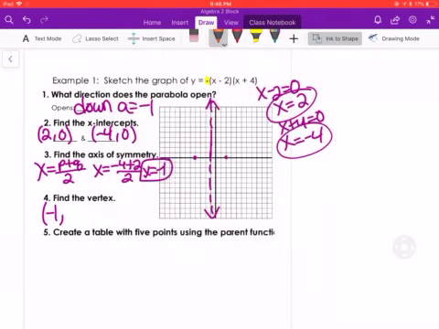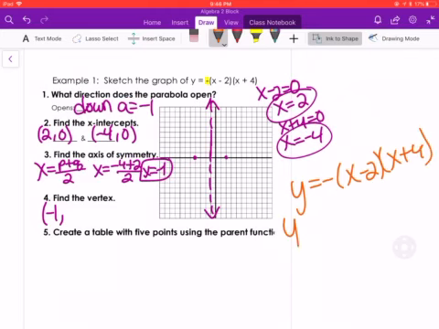My equation is y equals -(x minus 2)(x plus 4). So I'm going to plug in -1 for x. This negative out front is like a -1. Then that'll be -1 times (-1 minus 2) times (-1 plus 4).